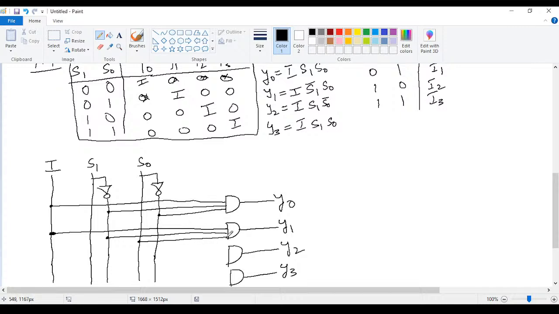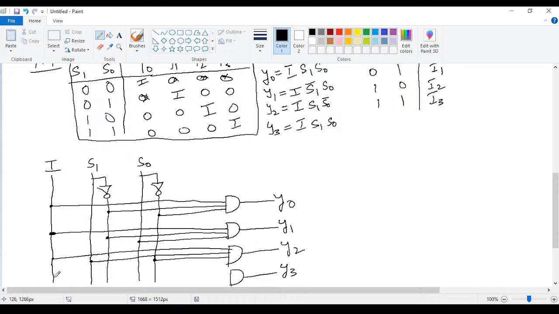So we connect like this. Here also for y2, I is common, I into S1 and S0 bar.